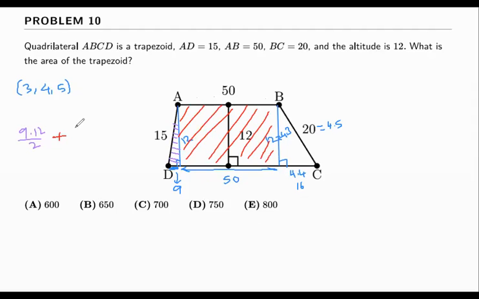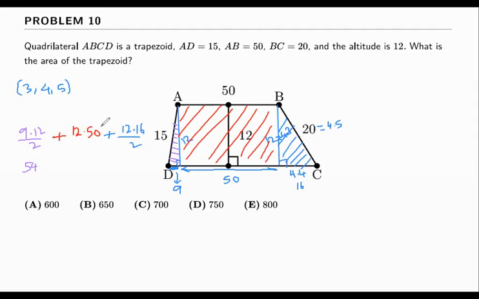That will be 12 times 50, plus the area of this triangle, which is 12 times 16 over 2, because 12 is this side and 16 is this side, the legs are multiplied. I can cancel 6 and 2, which gives just 6 times 9, which is 54.